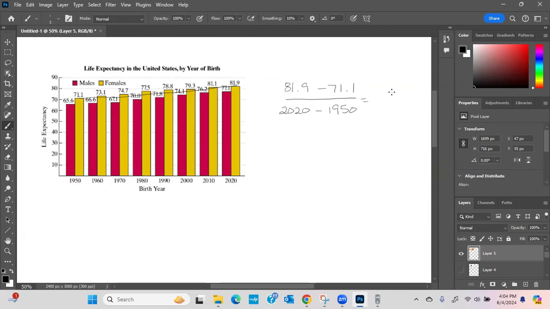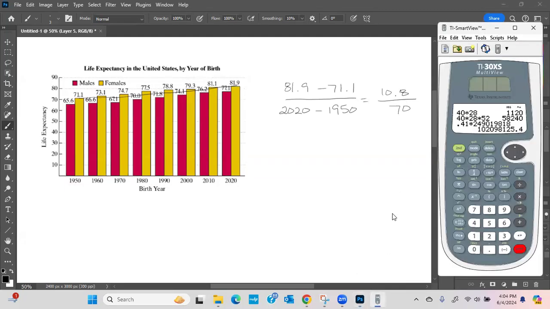So 81.9 minus 71.1 looks like 10.8. And 2020 minus 1950 is 70. So that looks like a nice division problem.